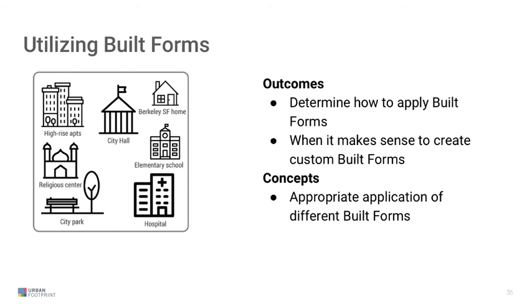And also understand when it makes sense to create your own custom built forms versus using the ones that are default in the UrbanFootprint library, which already includes a good number of building and place types and components as well that you can use in your projects. And so when we're done with this, you'll have a better understanding of how built forms are useful and when to apply what's available or create your own.